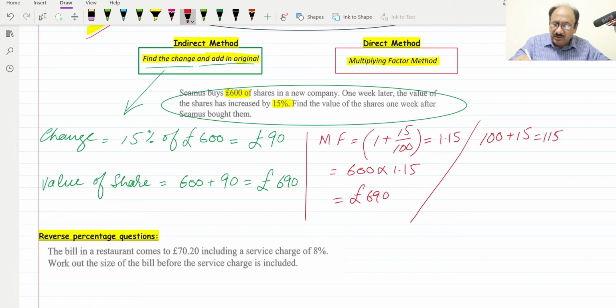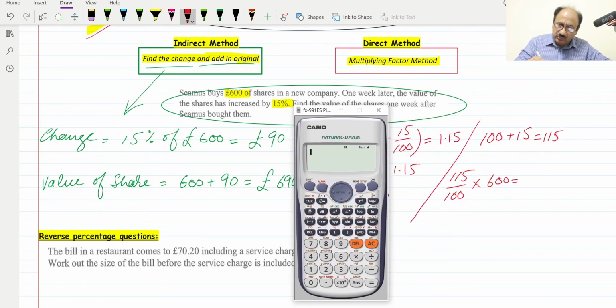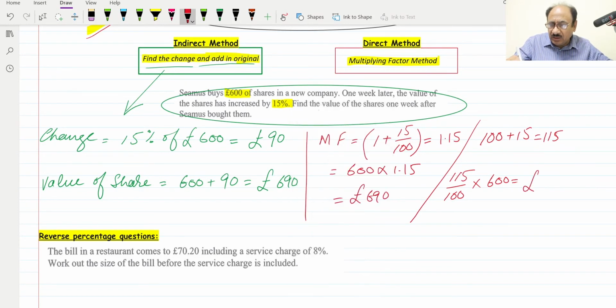So directly we calculate 115 percent of 600. I will move the calculator over here. So this will be 115 over 100 multiplied by 600, and you will get 690 pounds. You can see this answer is the same as the previous ones.